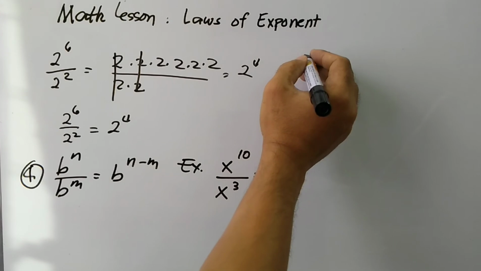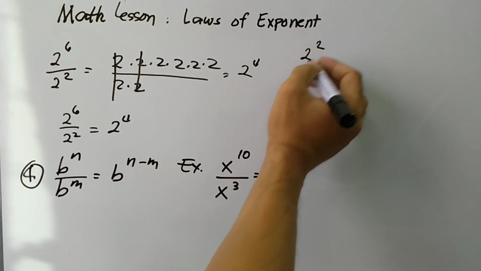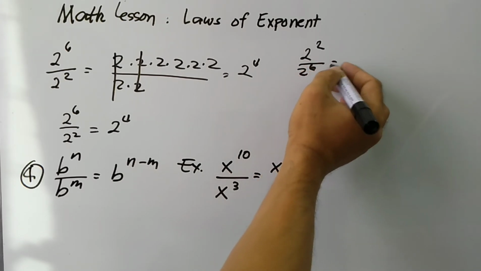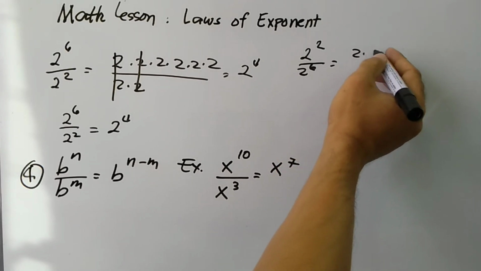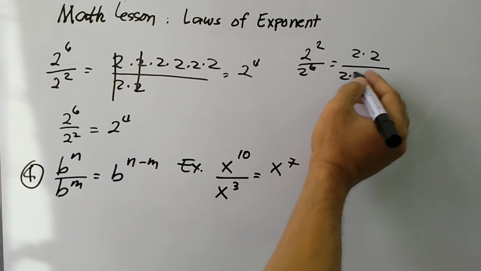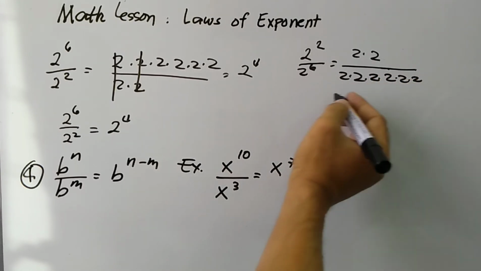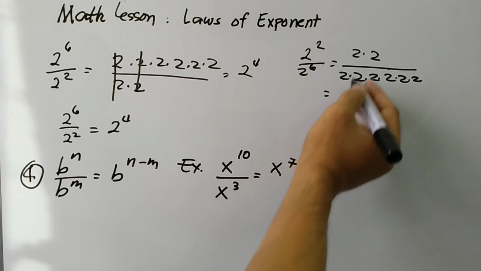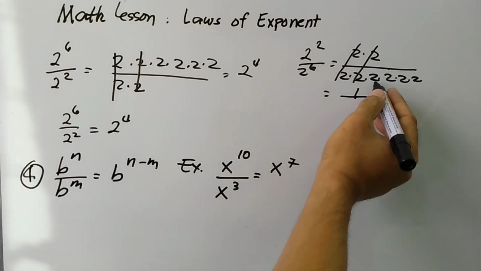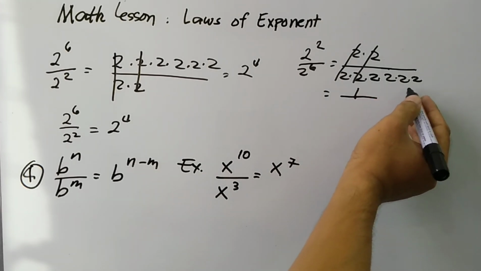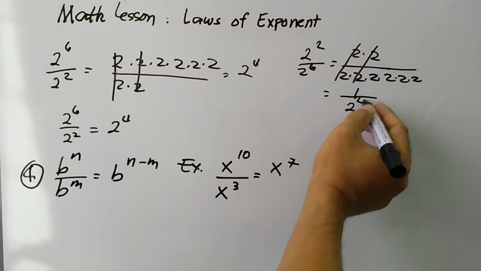Another, if we have to get the inverse of this, 2 squared divided by 2 raised to 6. And we answer this by applying the first law of exponent. We have 2 times 2 over 2 times 2 times 2 times 2 times 2 times 2. Divide this, what remains is 1 over, there are 4 2's here, we multiply 2 by itself 4 times, then we have 2 raised to 4.